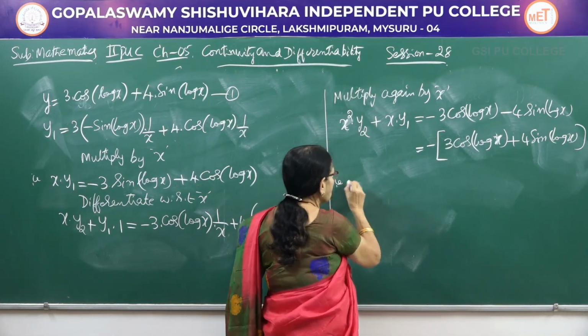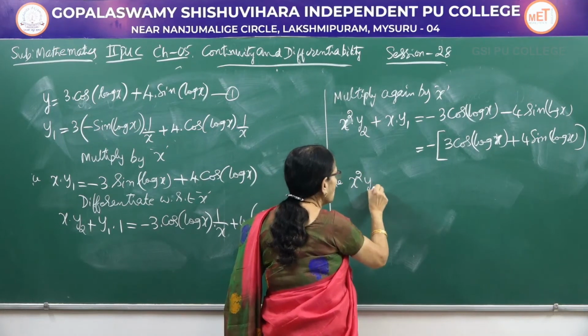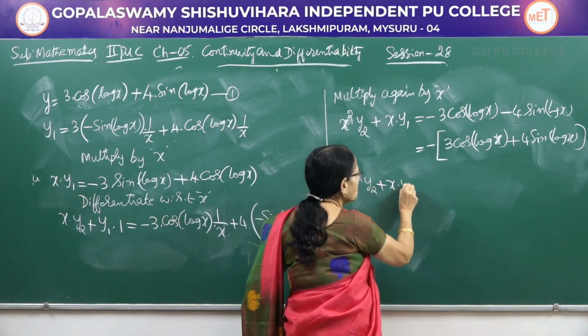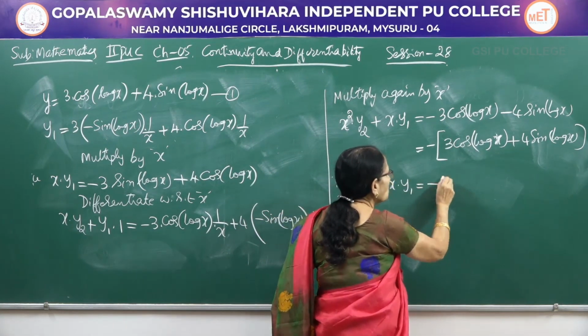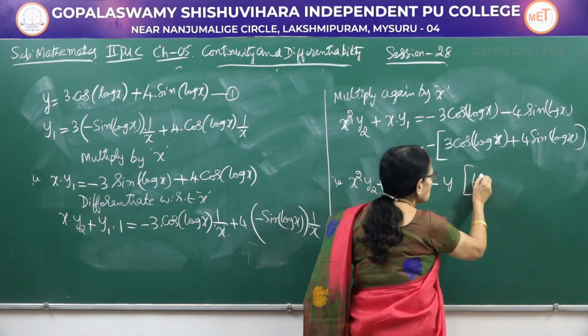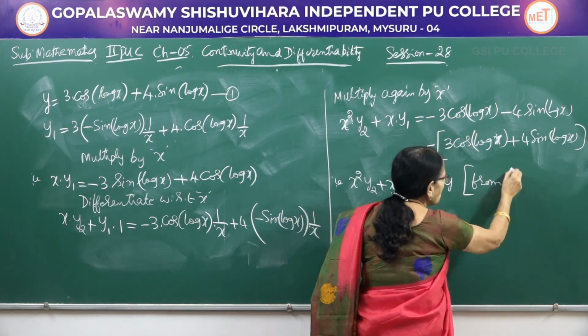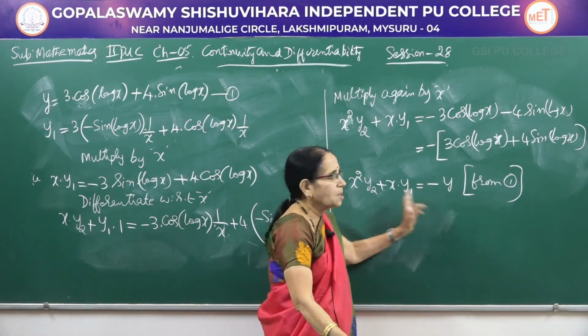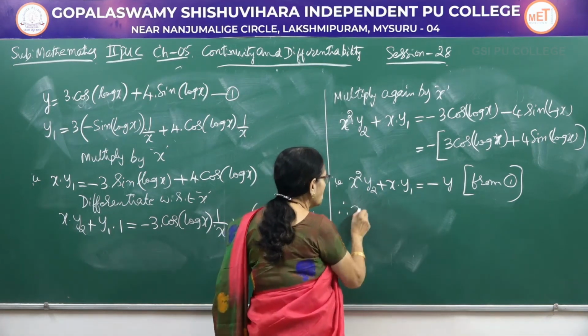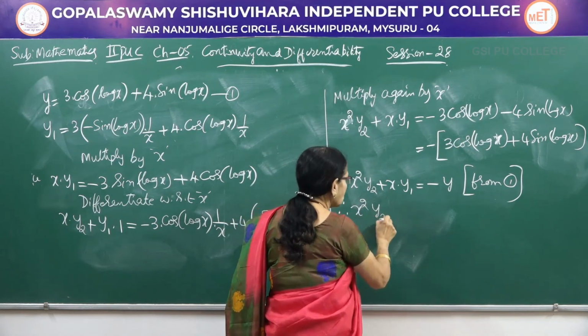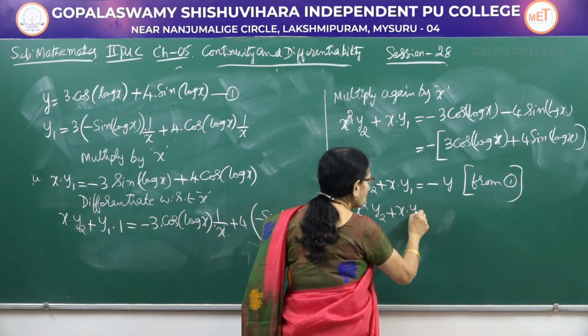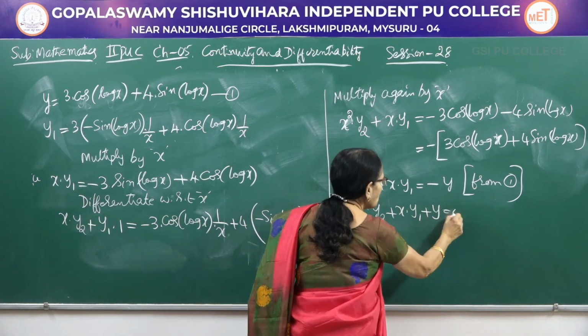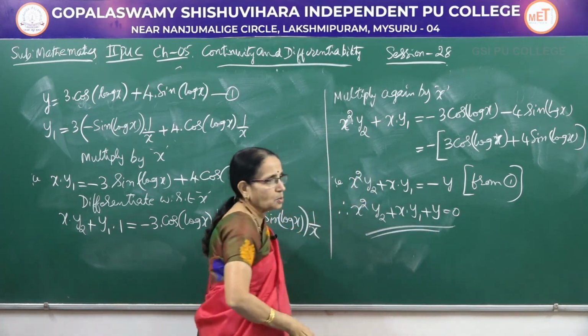So you can write it as x square y2 plus x into y1 equal to minus of y. You can quote it as the given function like that also. So minus y, take it to the left hand side, hence we get the required result: x square y2 plus x into y1 plus y is equal to 0.